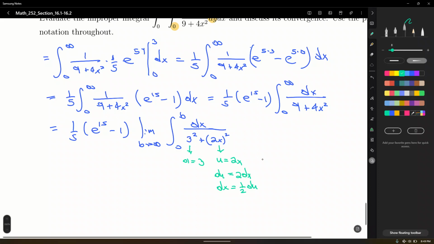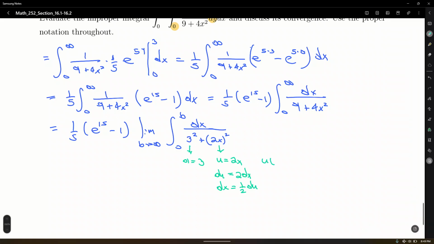All right, and then we also need to change the limits of integration from the world of x to the world of u. That is, u of 0 equals 2 times 0, which is still 0. However, u of b, the upper limit, equals 2 times b, simply 2b.